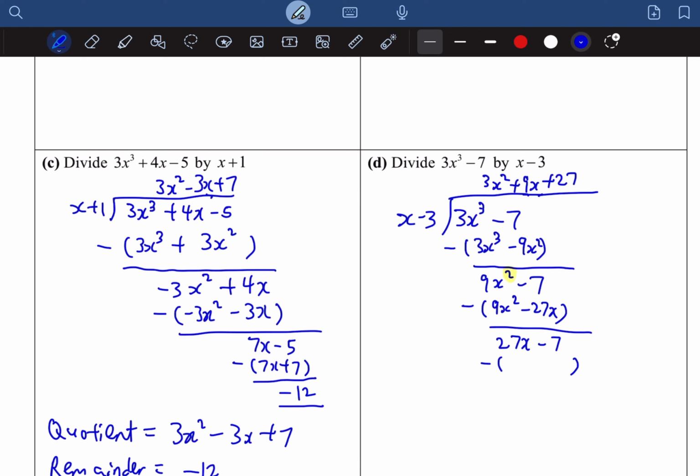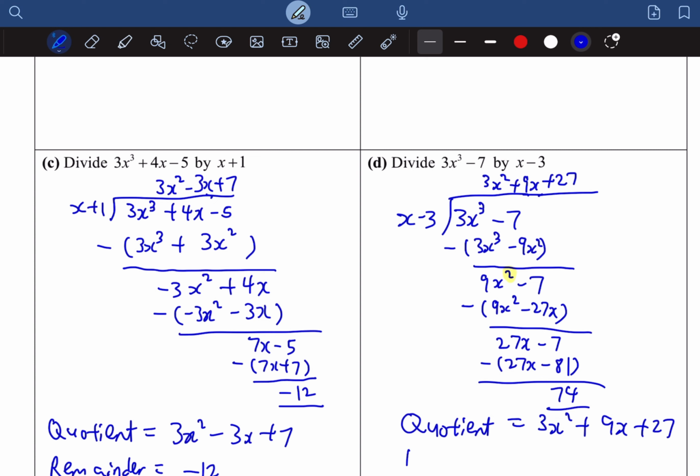Positive 27 times x minus 3, I have 27x minus 81. So 27x minus 27x gone. So negative 7 minus negative 81, I have 74. So with this, the quotient equals 3x squared plus 9x plus 27. Remainder equals 74.